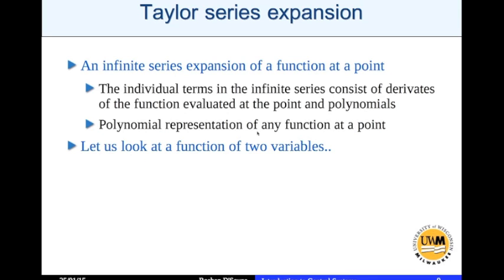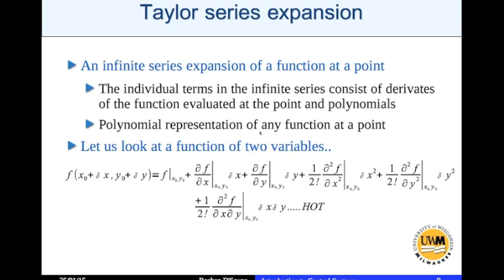So let's look at a function of two variables. If you have f of x and y, you want to find f of x y about x naught y naught.